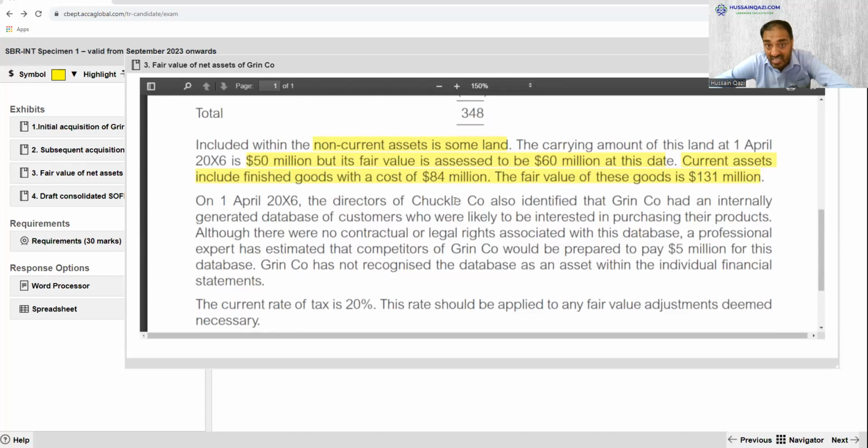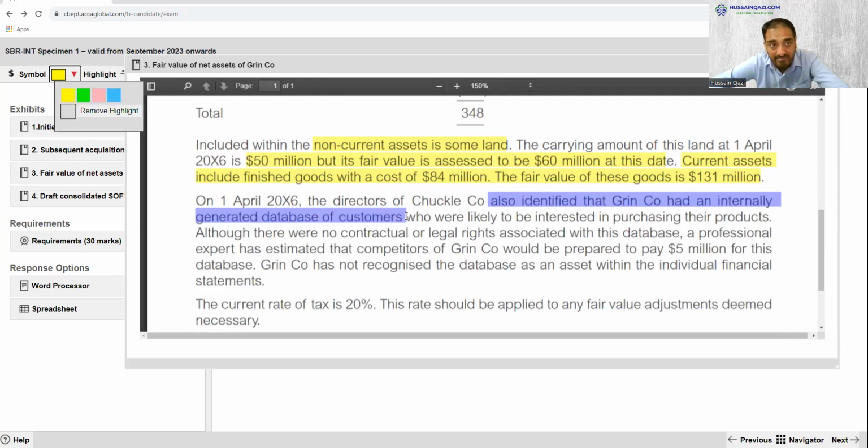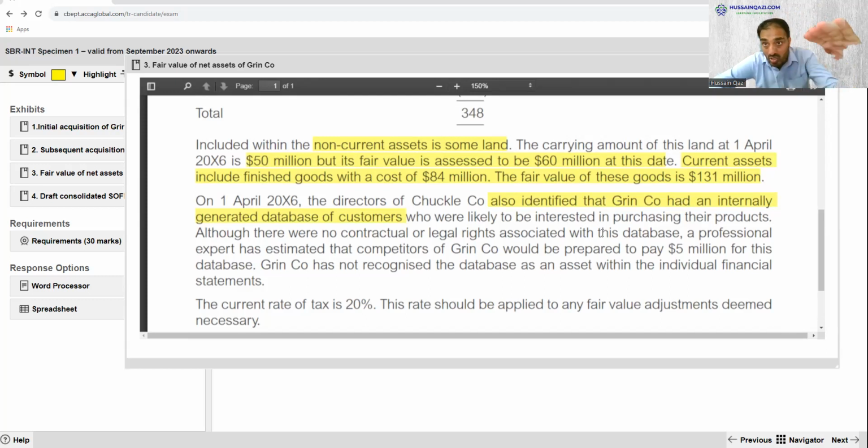On 1st April X6, directors of Chuckle also identified an internally generated database of customers who were likely to be interested in purchasing their products. Focus, don't lose attention.